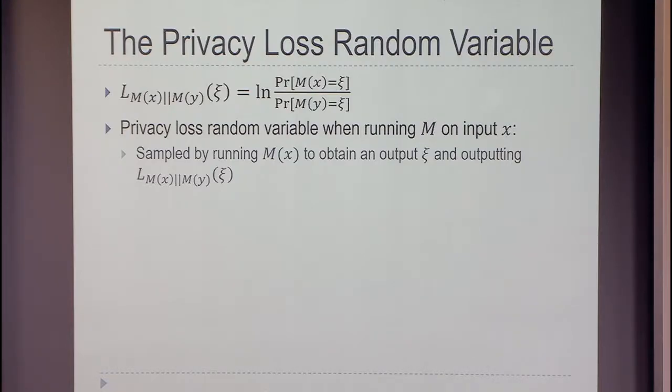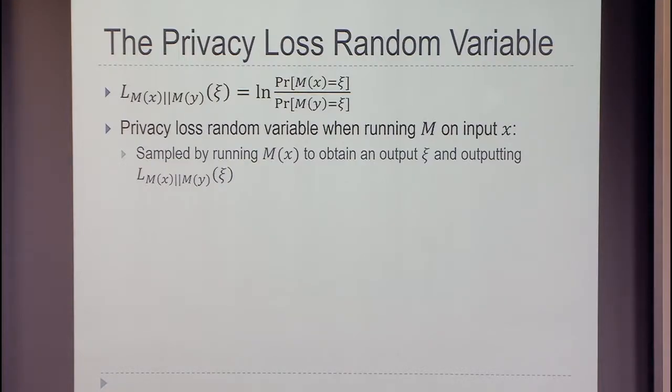So now I want to define the privacy loss random variable. It has some icky notation. We have a pair of adjacent data sets, x and y, and we think about what happens when we run m on input x. Remember I have fixed x and y, so for the output that's produced when the database is x, we look at the log of this ratio.